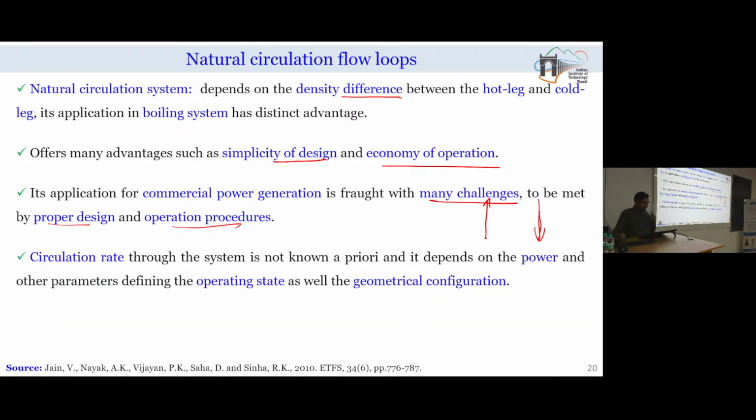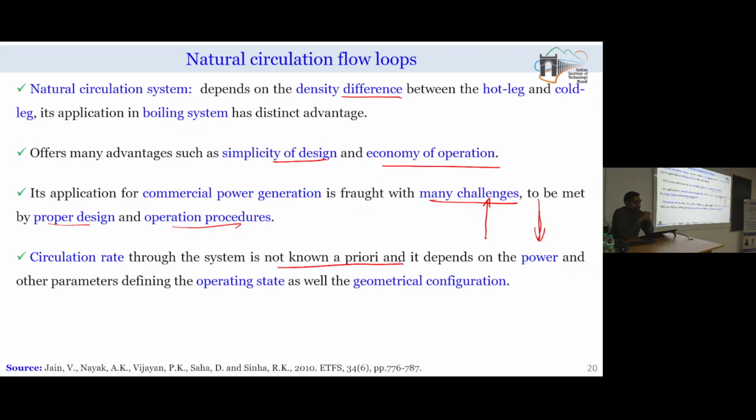The rate at which the working fluid is circulating is called the circulation rate. The circulation rate of the working fluid is not known a priori to us. For example, in a pumped system, if you start pumping the water, we know how much discharge the pump will give at the given pressure drop conditions.